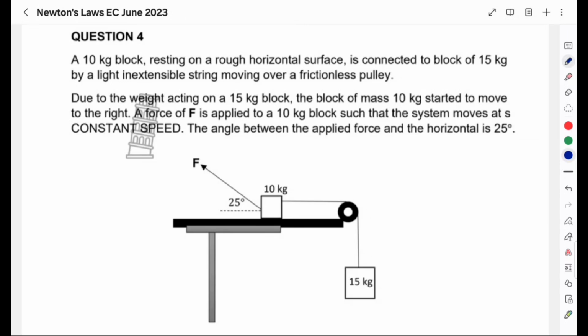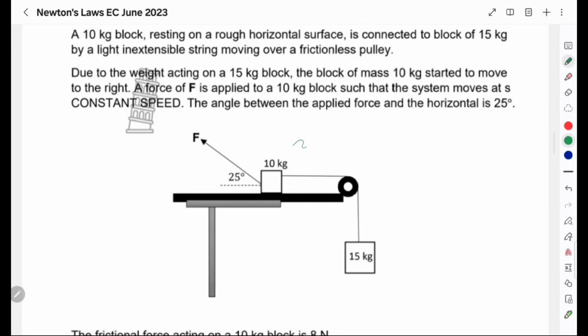The surface is what the block is on, that 10 kg block. Due to the weight acting on a 15 kg block, the block of mass 10 kgs started to move to the right. So if the 10 kg block moves to the right, the 15 kg block would then move down.